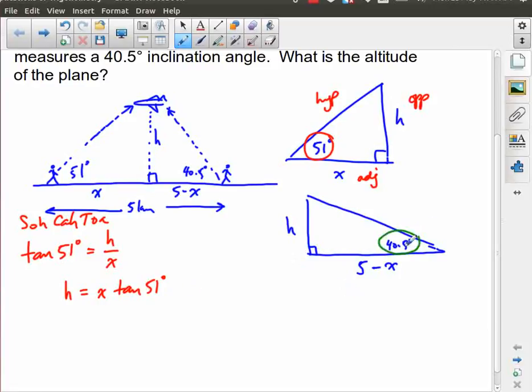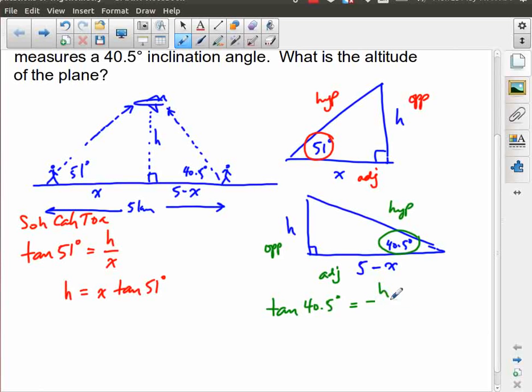My angle of interest is 40.5 degrees. Here's the hypotenuse across from the right angle. This is the opposite side, and this is the adjacent side. So with this one, again, I have opposite and adjacent, same as before, tangent. So we're actually going to say that the tangent of 40.5 degrees is equal to opposite divided by adjacent.